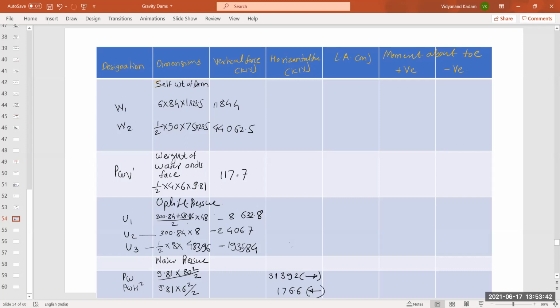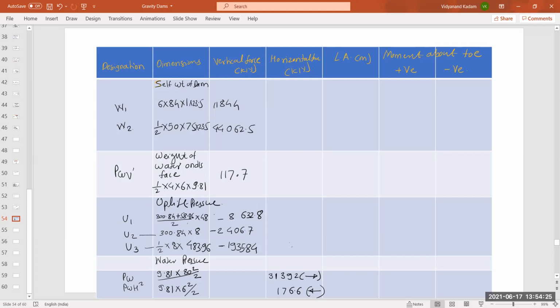So after calculating all the forces, here it is not asked to check whether it is safe against sliding and overturning. Only here it is asked to calculate the maximum stresses at the toe and the heel for full reservoir condition. So we know that to calculate this, we have to calculate X bar, and to calculate X bar, at first we have to calculate summation V and summation M. So what is summation V? Summation V is summation of all vertical forces.